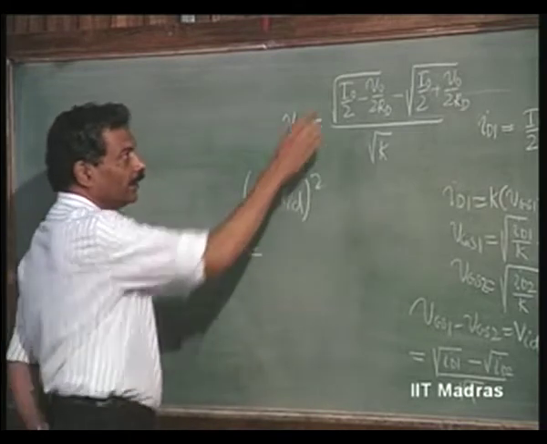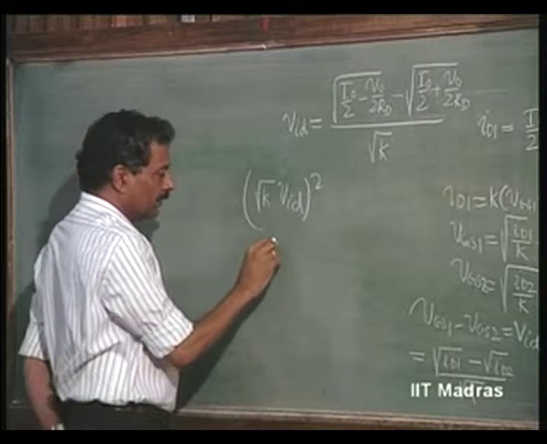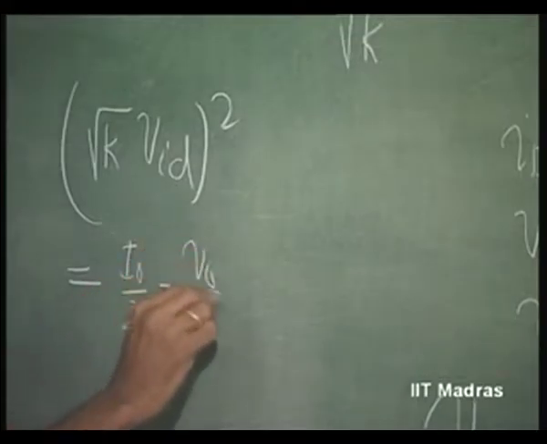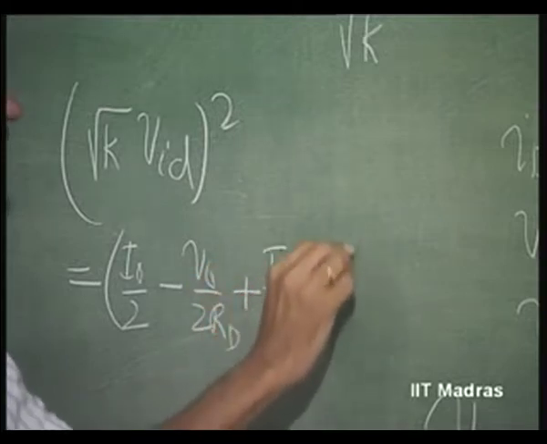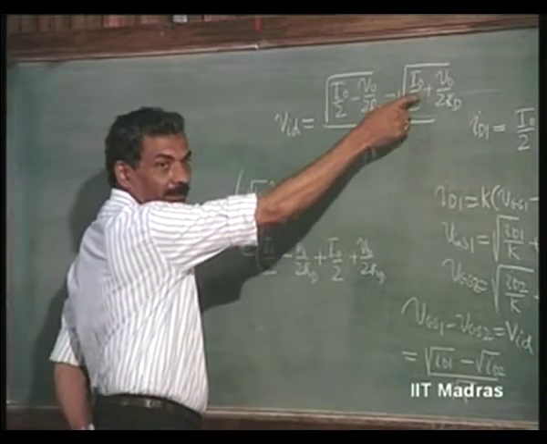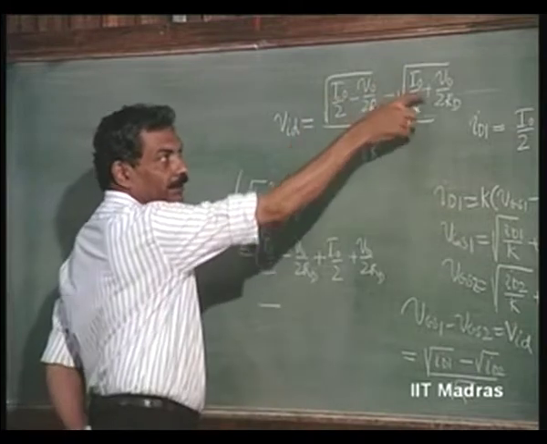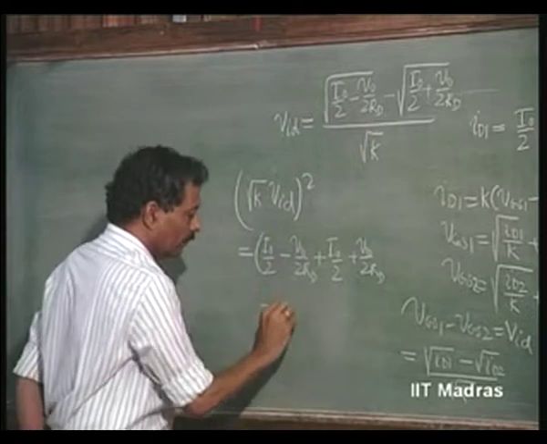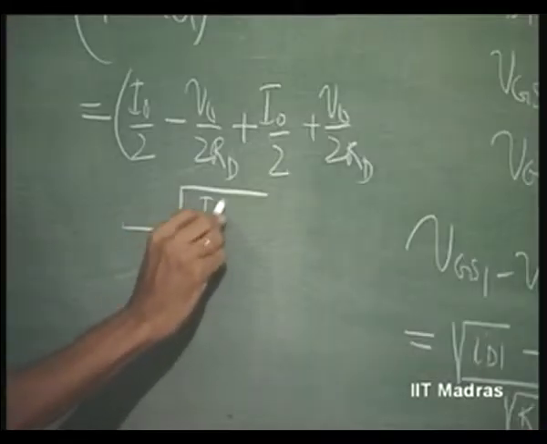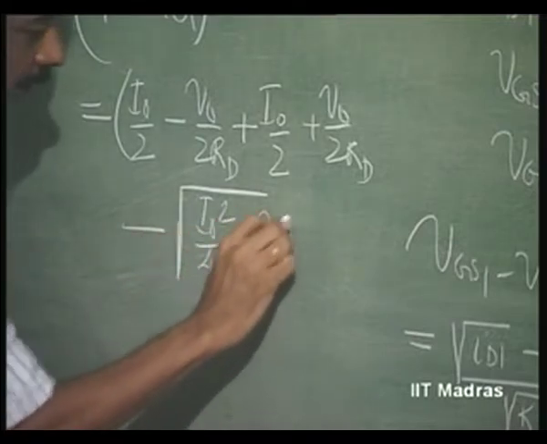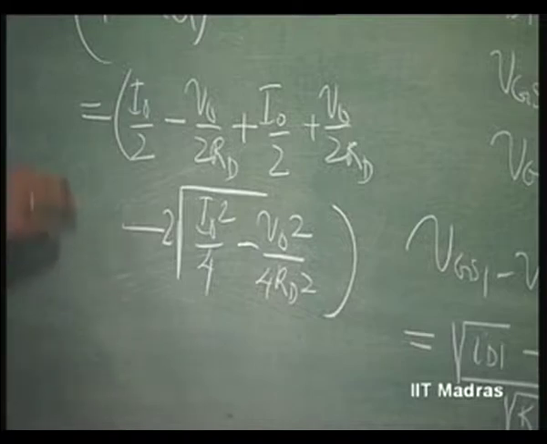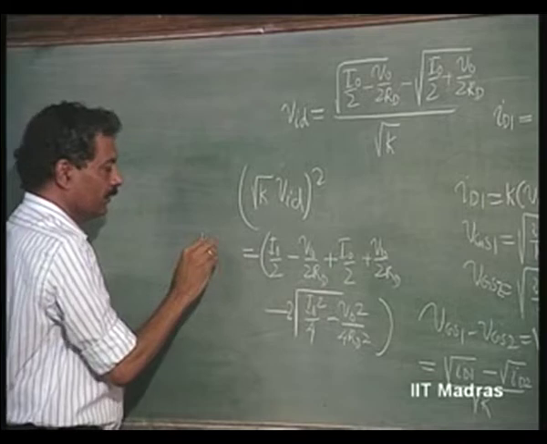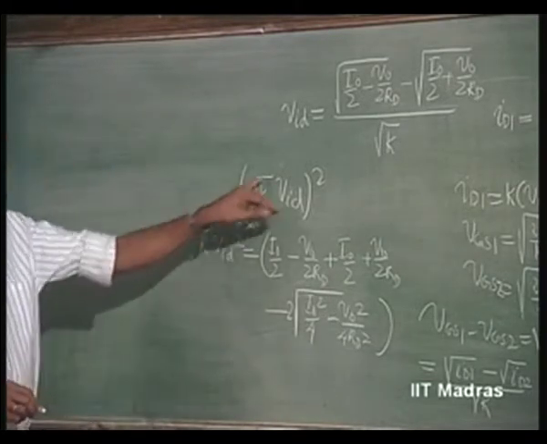This is equal to this minus this whole square, which is I naught by 2 minus V naught by 2RD, plus I naught by 2 plus V naught by 2RD, this square plus this square minus this into this, that is root of I naught squared by 4 minus V naught squared by 4RD squared, this into 2, this whole thing is equal to K into VID squared. Is this clear?